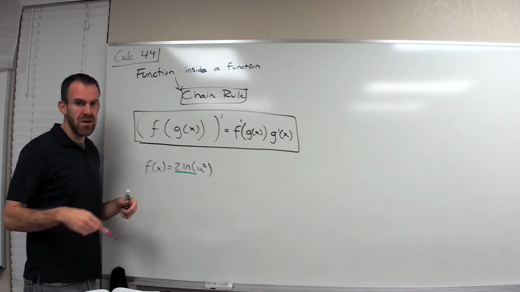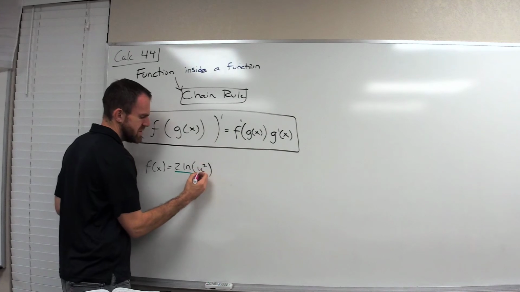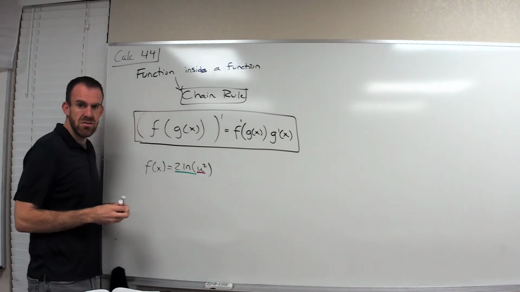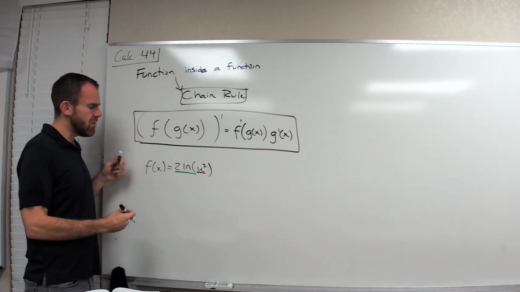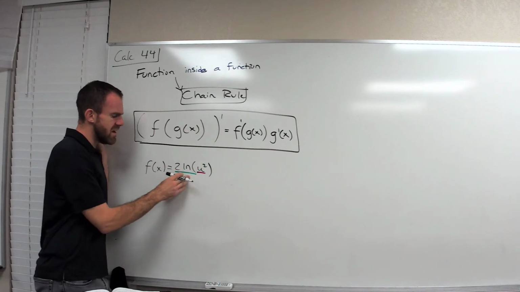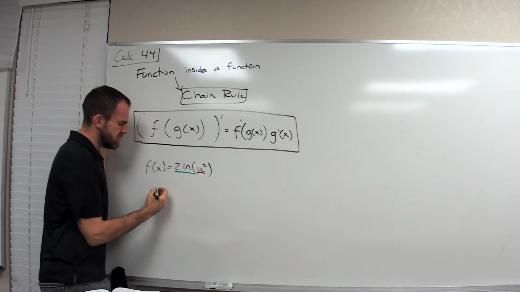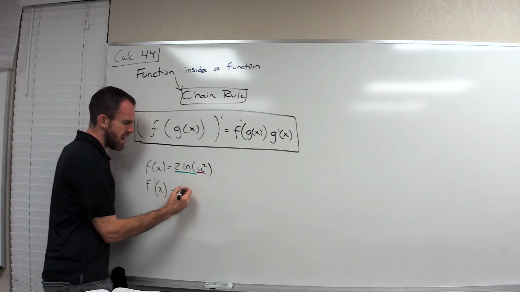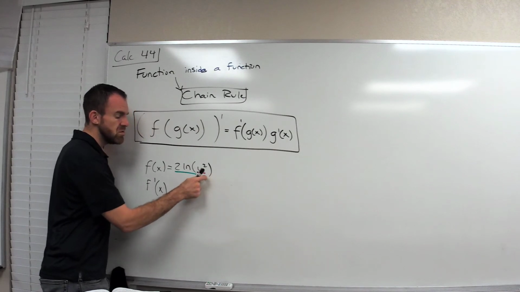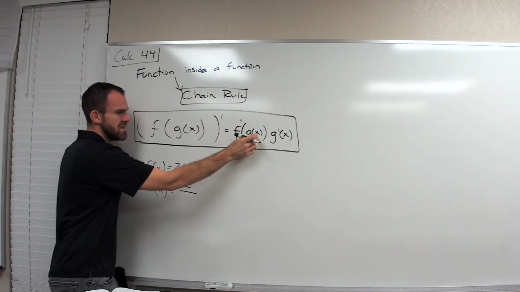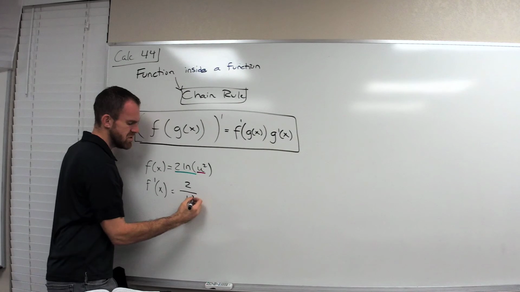The inside function, because it's inside the parentheses, it's inside the other one, is u squared. So how do I do this? Well, I'm going to take the derivative of the outside. 2ln, if I just had 2ln of x, it would be 2 over x. But now I have u squared in there. So I'm going to plug in the entire inside function unchanged to my derivative.